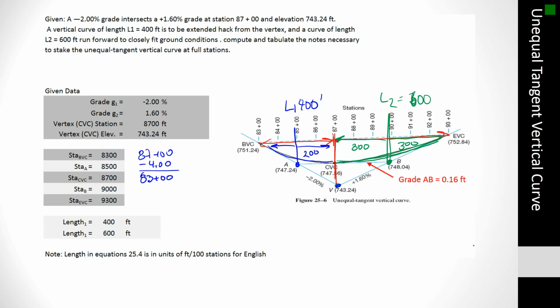Now the vertex at A that we figure out here has to be adding the 200 feet.